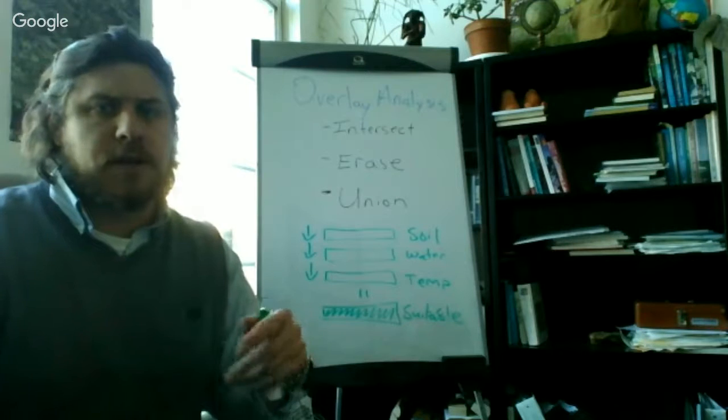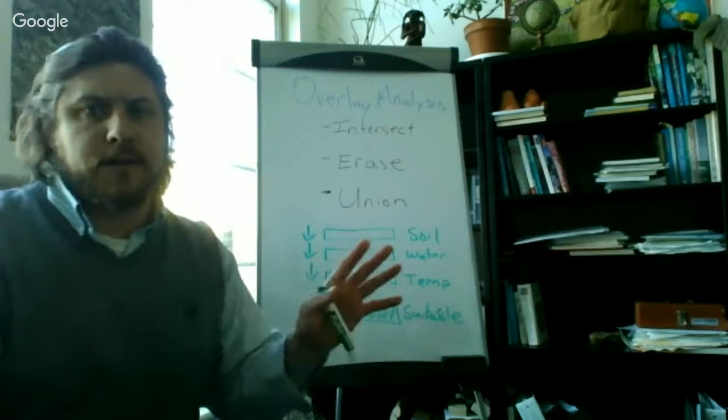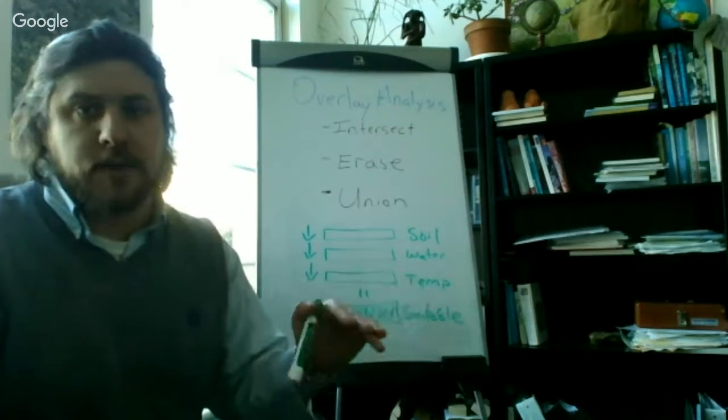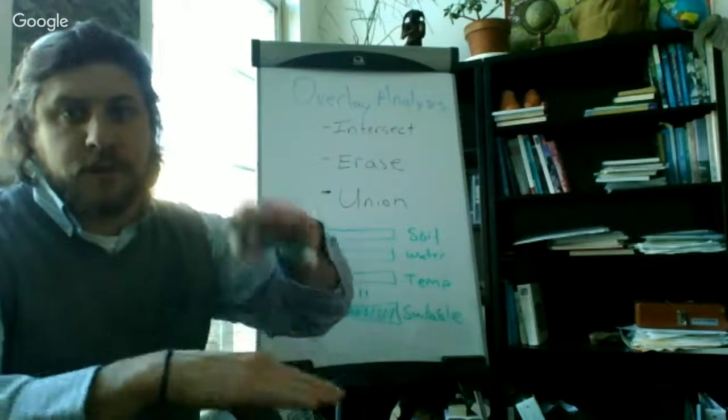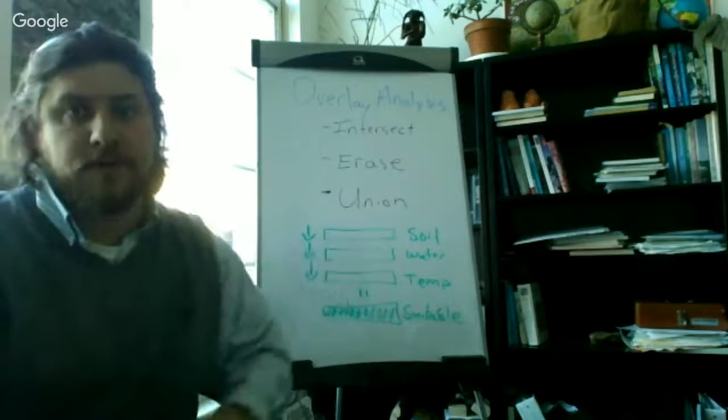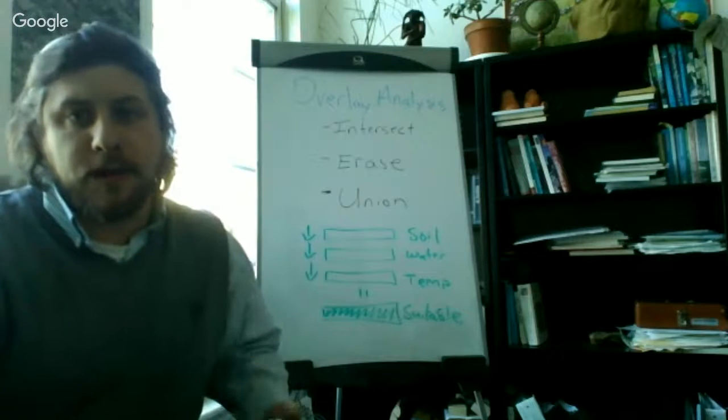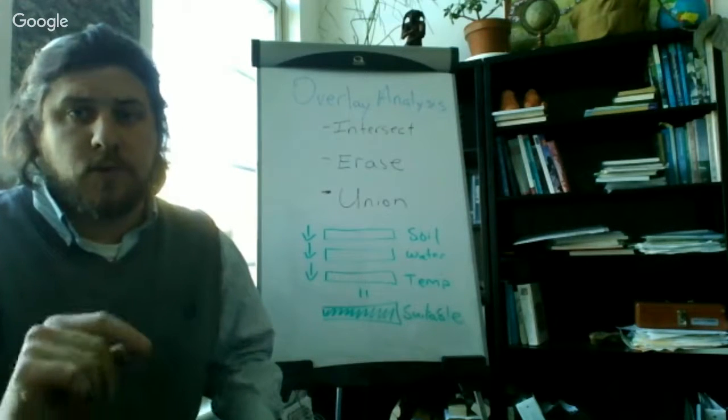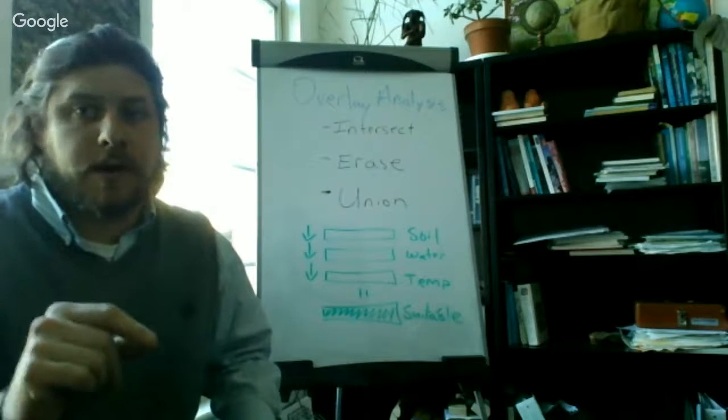Now that we understand the idea of overlaying, which is putting different layers on top of each other, let's talk about the different types of overlay tools we may use in an overlay analysis.